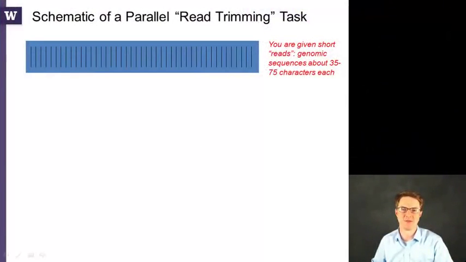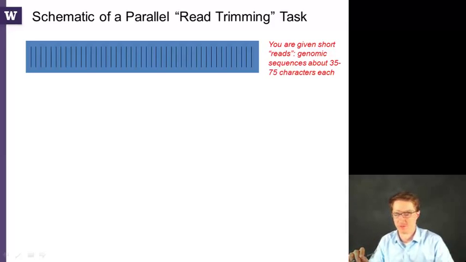Last time we talked about scalability, and we argued that scalability really means working in parallel. And we talked about this specific task, which is read trimming. This is a bunch of small genetic sequences, and your task was to trim off the last few characters from each one. We showed that this is pretty simple to think about in parallel.